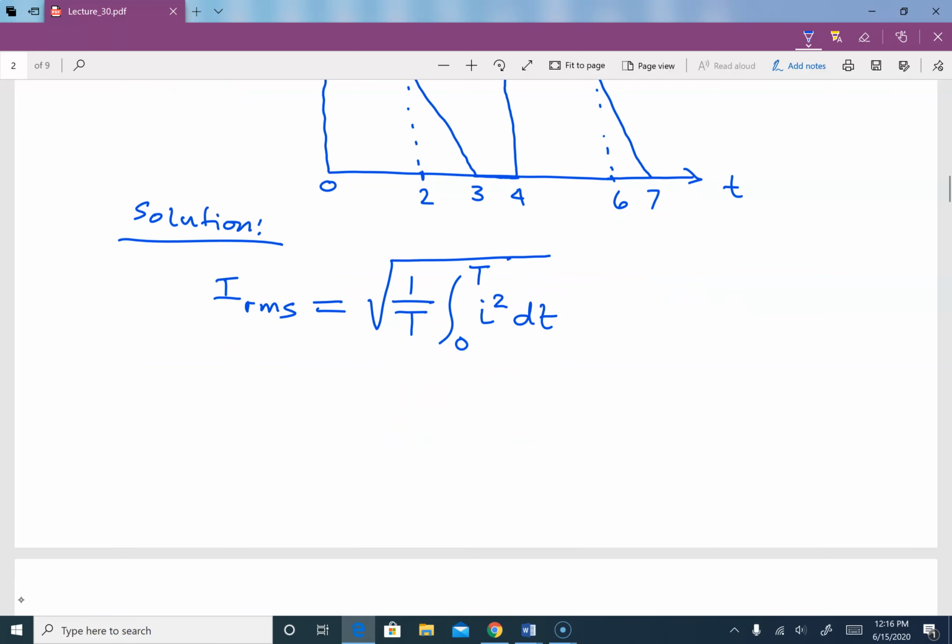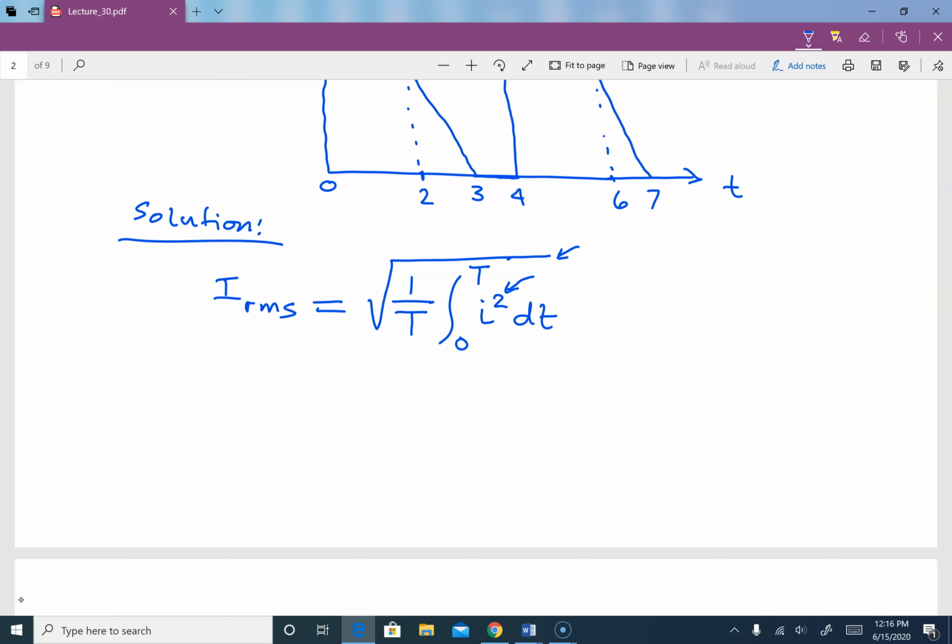Usually students make mistakes when they do this. Sometimes they forget to put the square root over here, or they forget the square for the function. So don't do that.